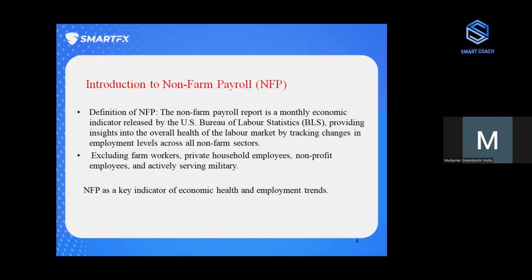NFP is a key indicator of economic health and employment trends.